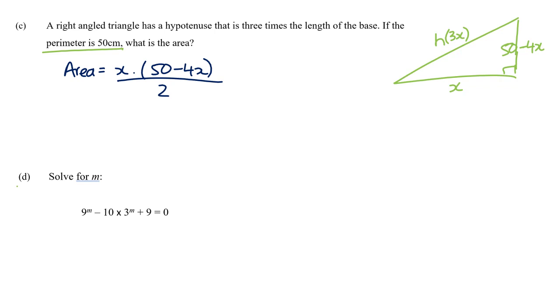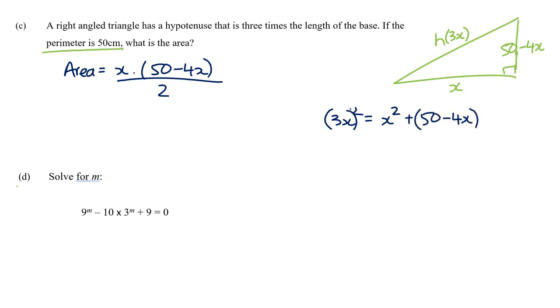It's not what the answers are going to say here, but because we are trying to find a length there, what is x? We need to find what x is. So how are we going to find what x is? Pythagoras theorem? Yeah. Okay. So from here, this 3x squared is going to be equal to x squared plus 50 minus 4x squared.